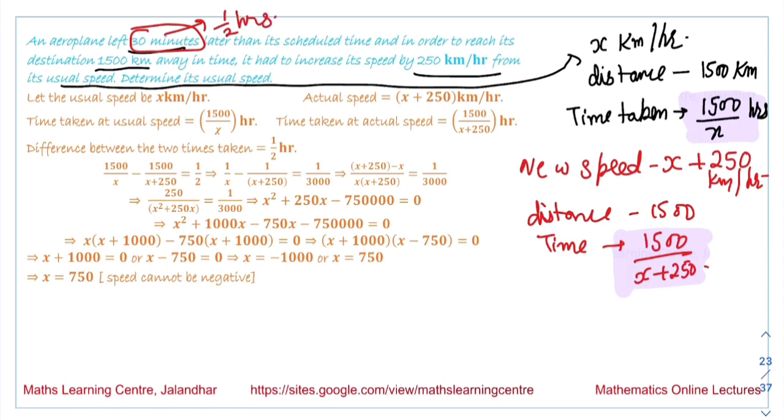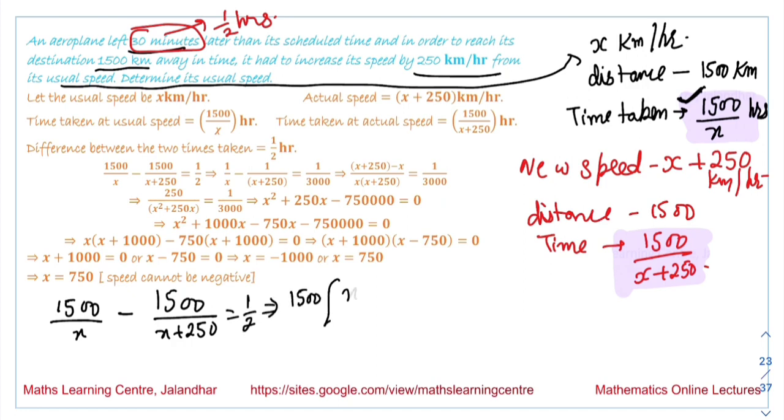Which of these is the greater time? This one has less speed, so this time will be the greater value. So we get 1500 over x minus 1500 over x plus 250 is equal to 1 by 2.